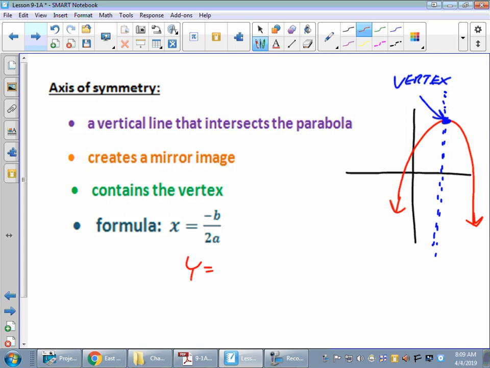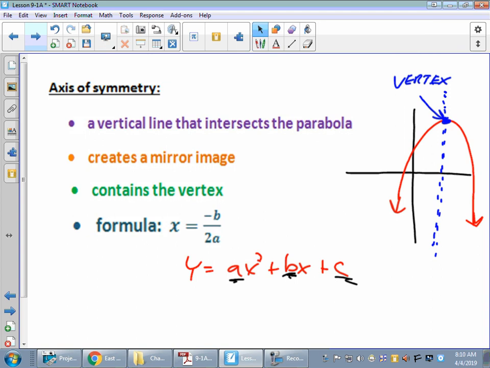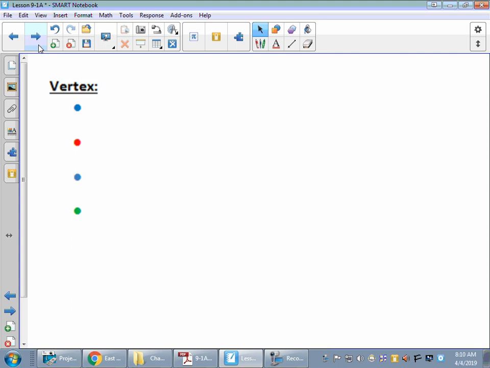Well, you have your y equals ax squared plus bx plus c. So you're basically just taking the negative b value over 2 times the a value. Remember, your c value is always your y-intercept. You just take those values from your equation, plug them in here, and you get your axis of symmetry. We'll do some examples of that, and you'll be able to see it a little easier.